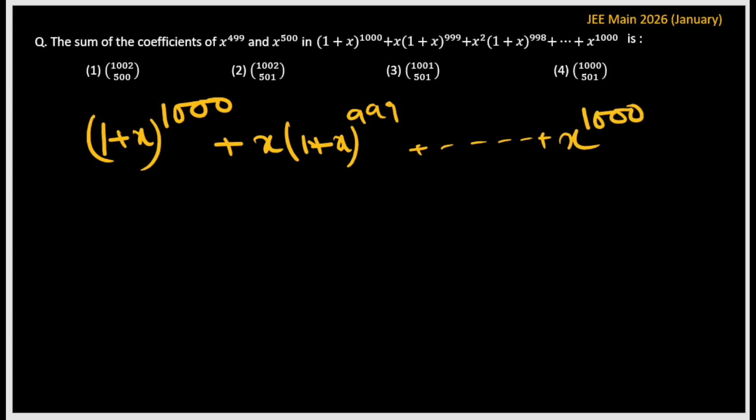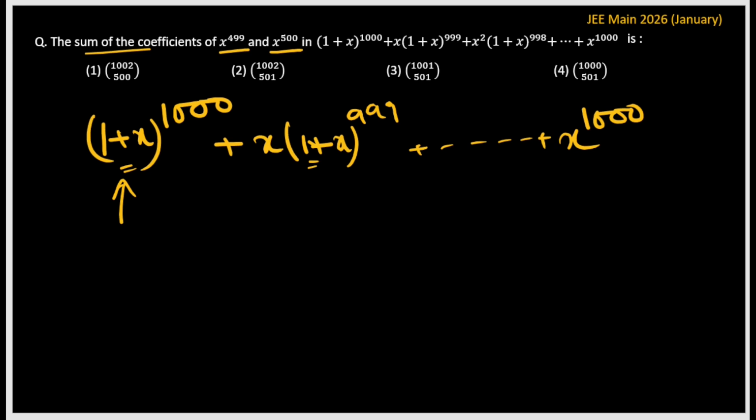In the question, we have to find the sum of the coefficients of x to the power 499 and x to the power 500. If we find each term's coefficient of x to the power 499 and x to the power 500 individually and sum them, it is very difficult to find the sum of these coefficients.